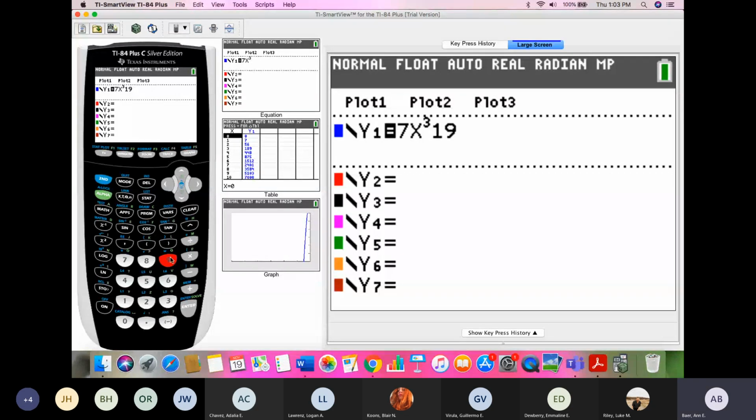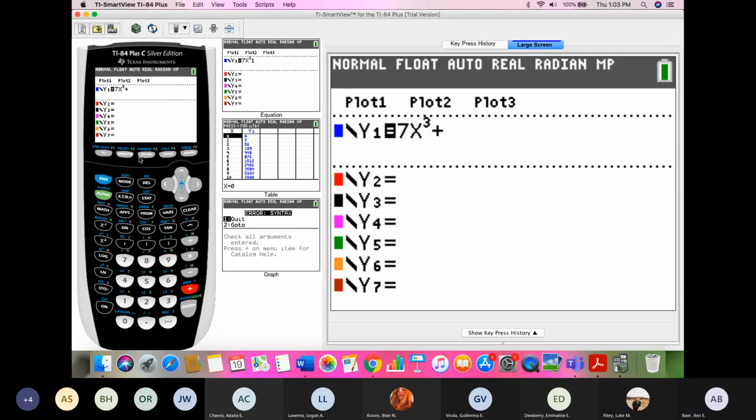Whoops, I forgot my plus sign this time. So let me go back over. And this is helpful actually to see what to do. I use the left arrow key and then the delete. Left arrow key, delete. I forgot the plus sign, and that's probably going to happen to you at some point.